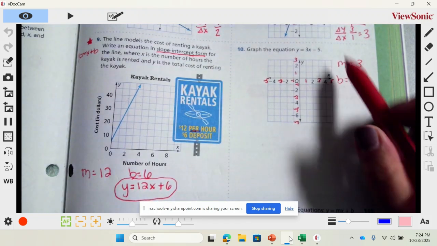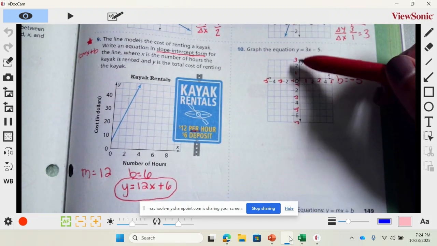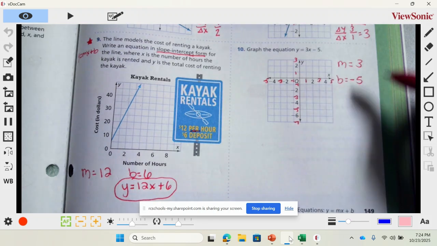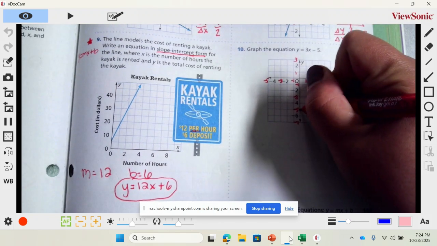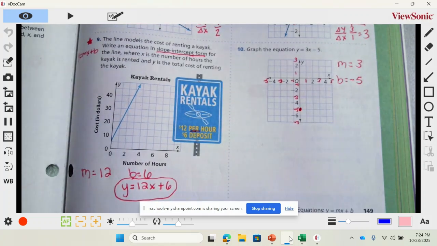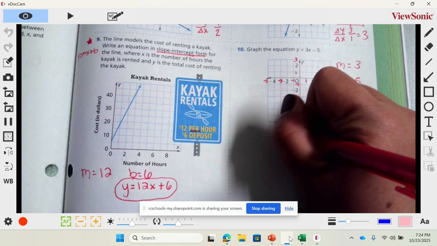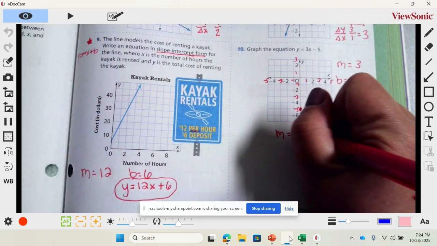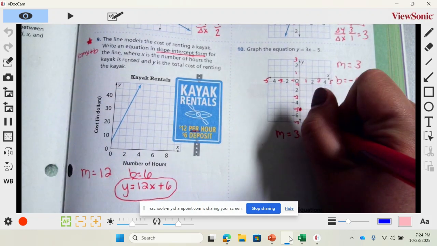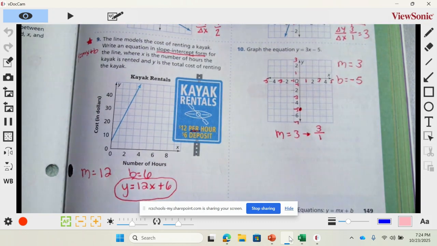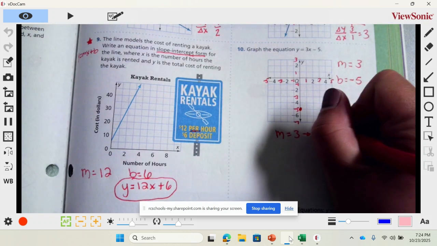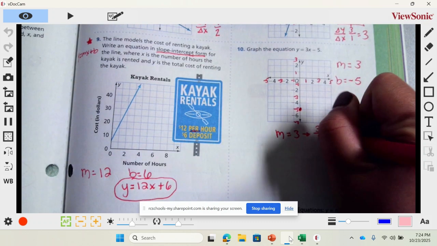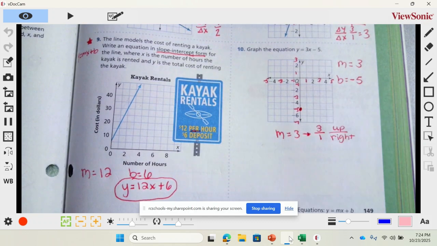Okay, so plotting your B first, which goes on your y-intercept. It's a -5, so I'm going to go right here, my y-intercept at -5. Plot that point. Now the next thing is that we need to plot our m. Remember, m is 3. To be able to plot your next point, you need to turn your m into a fraction. So it's going to be 3 over 1 because 3 divided by 1 is 3. So that means that since it's a positive, you're going to go up 3 and you always go to the right.